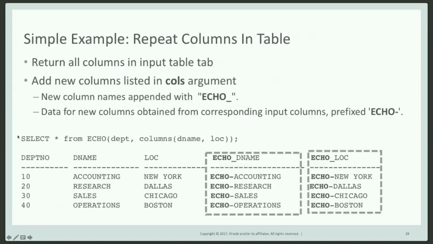If I pass that in, select star from echo, department, column names, I'm going to get department, dname, location, and I'm going to get back echo underscore dname, echo underscore loc, and corresponding values from these rows.